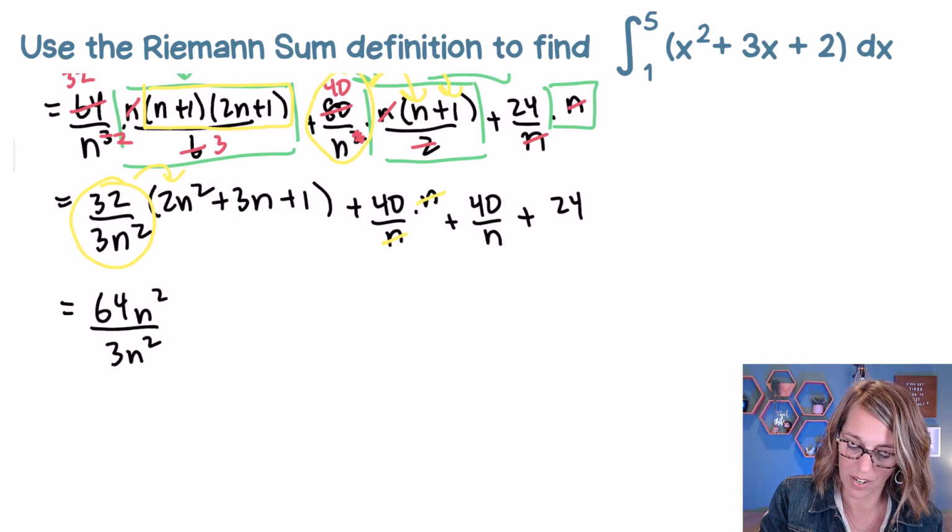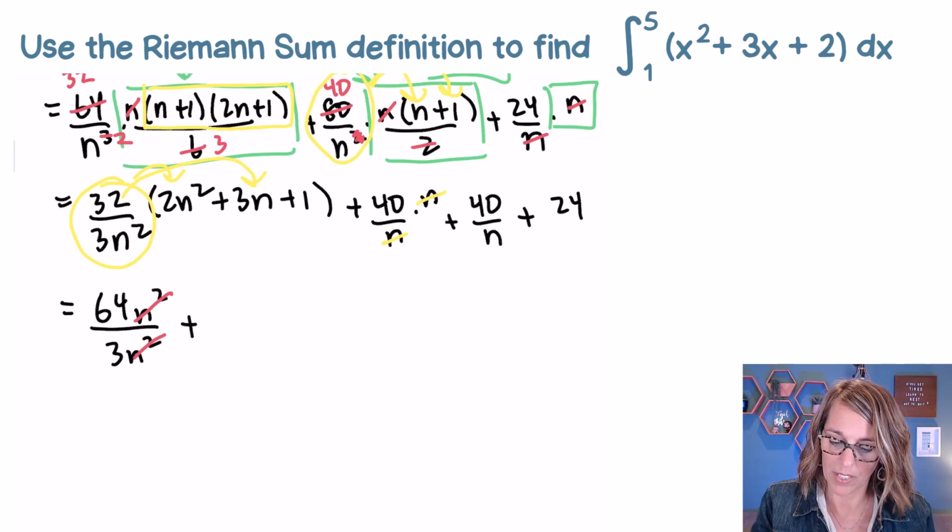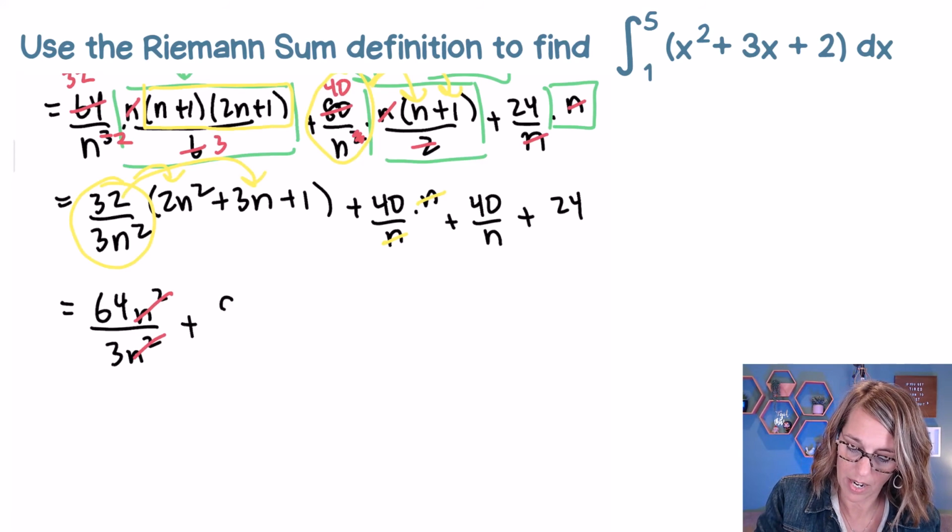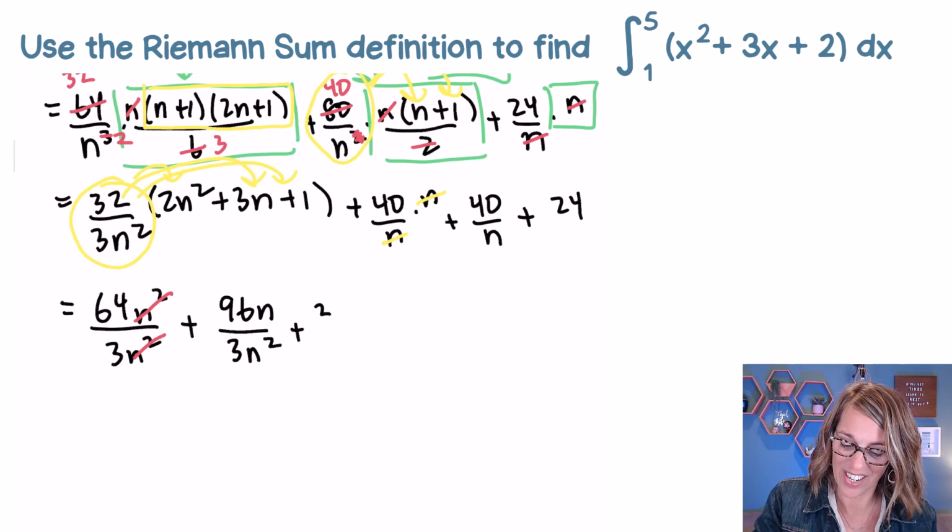Those n squareds cancel. And distributing it times the 3n, I get plus 96n over 3n squared. And then multiplying it by 1, that's the easiest one, I end up with plus 32 over 3n squared.